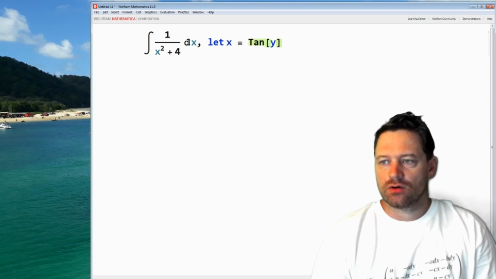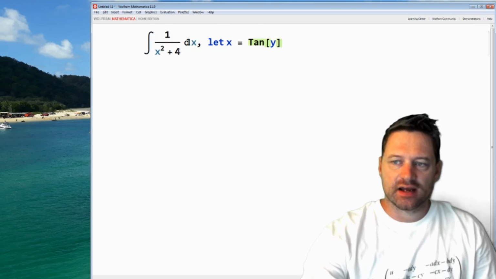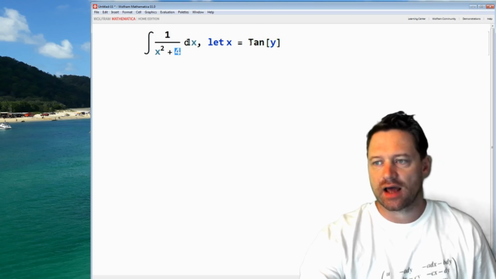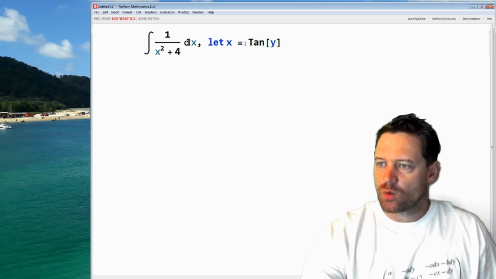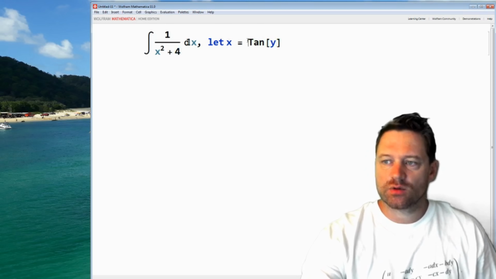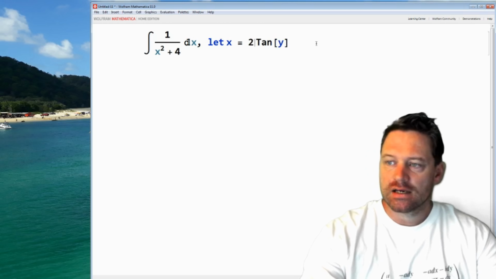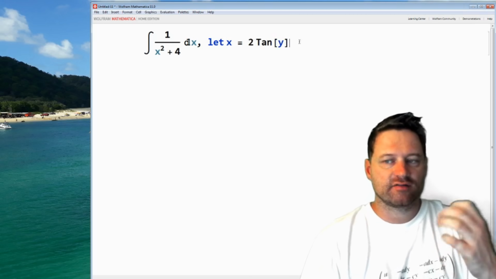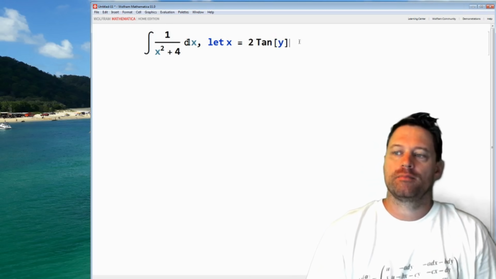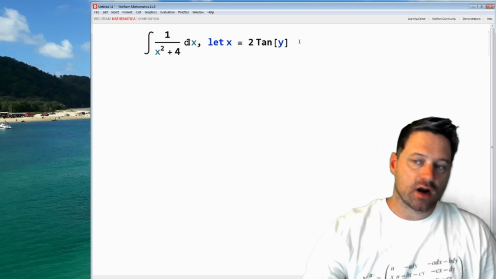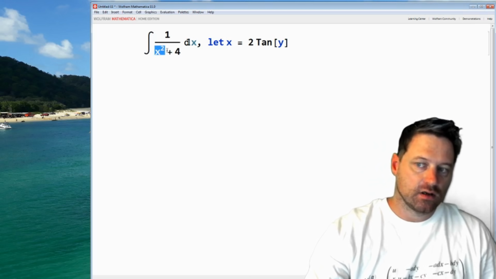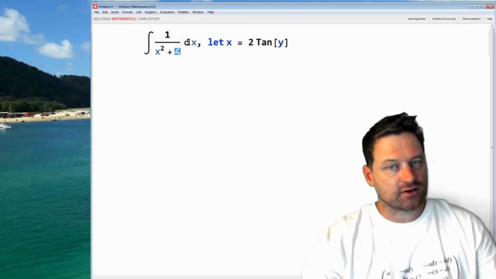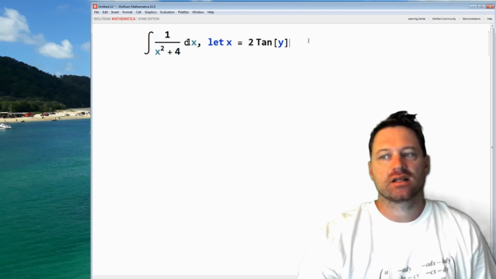Now notice I've got a 4 in there. 4 is a square, so that's helpful. So we want to let x be equal to 2 tan y. Now why that? Because when I square it, I'll have a 4 right here, and I'll have a 4 here that can be factorized out. So that's why.